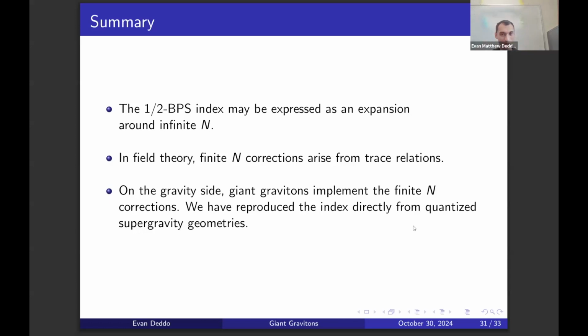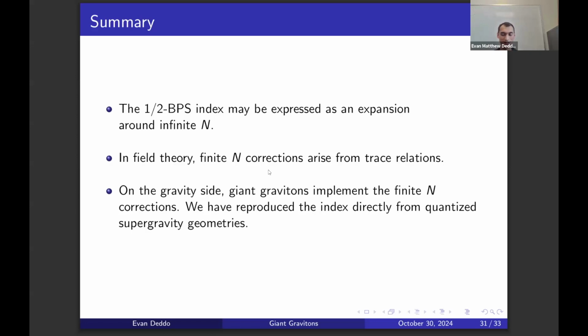So just as a summary. We had an expression for the half-BPS index, and we know from work by Gaiotto and Lee that this can be expressed as a giant graviton expansion, where we start with the infinite n index and then have terms that appear to be related to the giant gravitons. In field theory, these finite n corrections were originally due to trace relations.